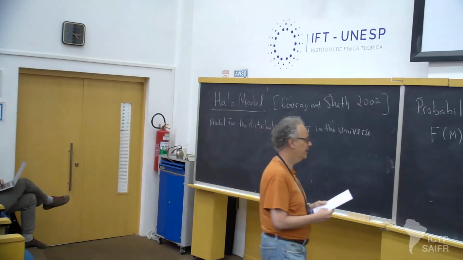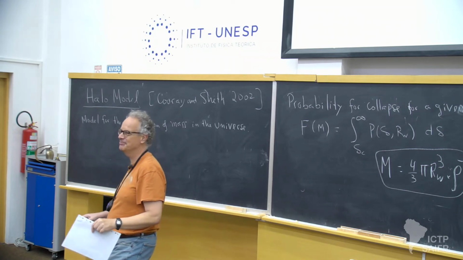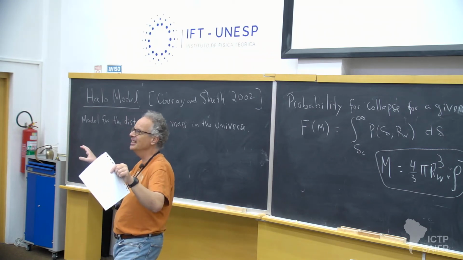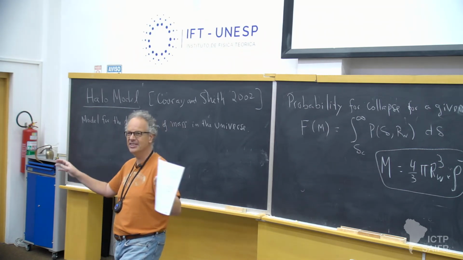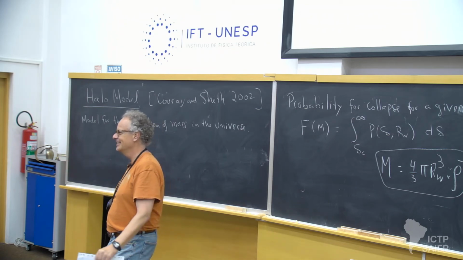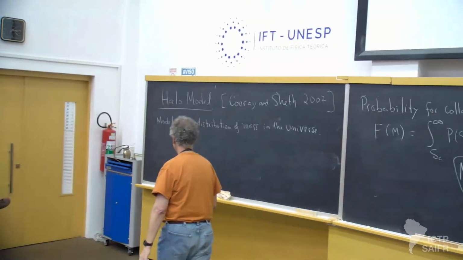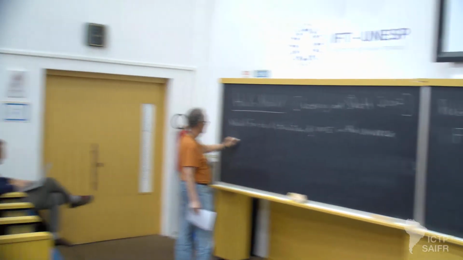It's a non-perturbative, fully nonlinear model. And it has one basic assumption, and the basic assumption is that all the matter in the universe is distributed in halos. That's the only assumption. So all the matter that you see in the universe is in halos.